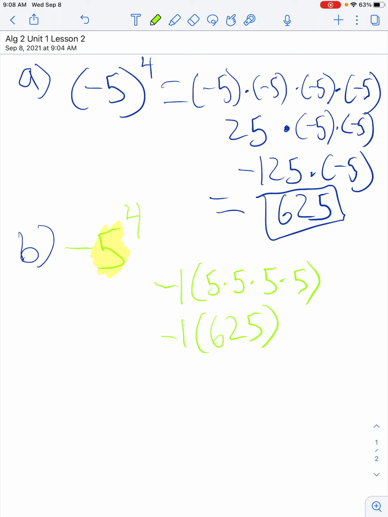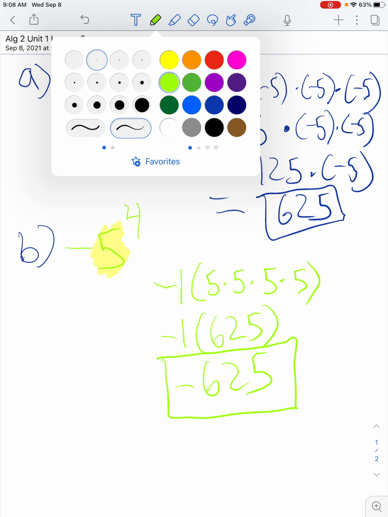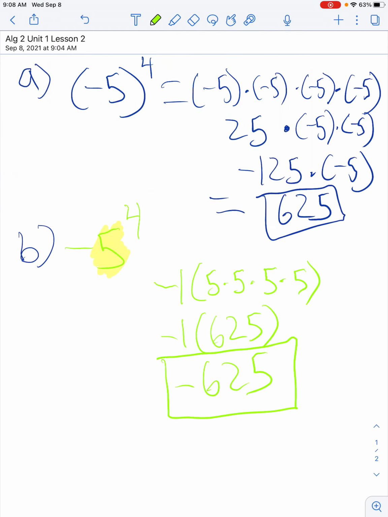We already know that is 625. However, because of that -1 on the outside, our answer is really -625. So this exponent only applies directly to what it's above, unless there are parentheses that include that negative.